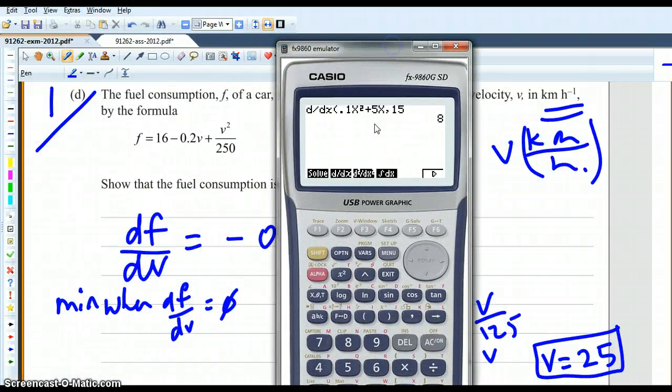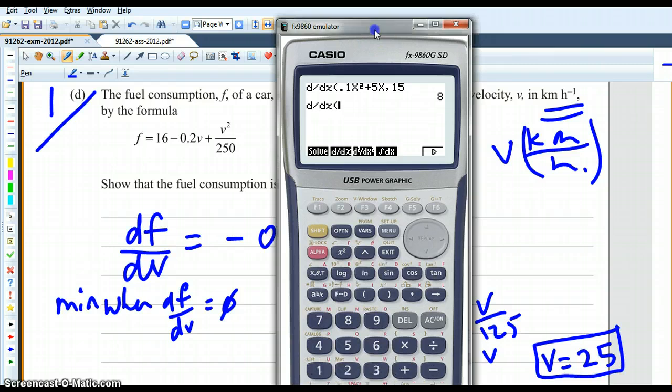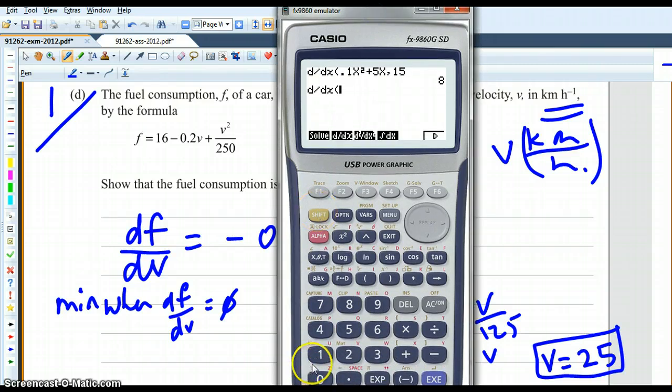So what I'm going to do is take dy by dx, which is 16 minus 0.2v plus v squared divided by 250.